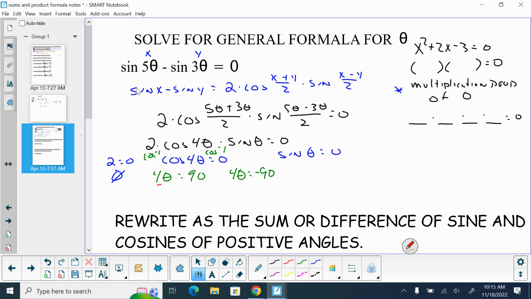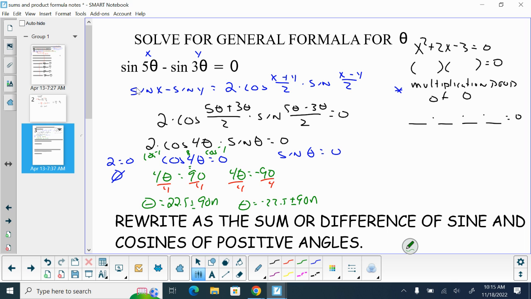We can divide through by 4, so we have 90 divided by 4, 22.5, or theta is equal to negative 22.5, plus or minus the period n. What's the period here? Here's our b value. Period would equal 90n.